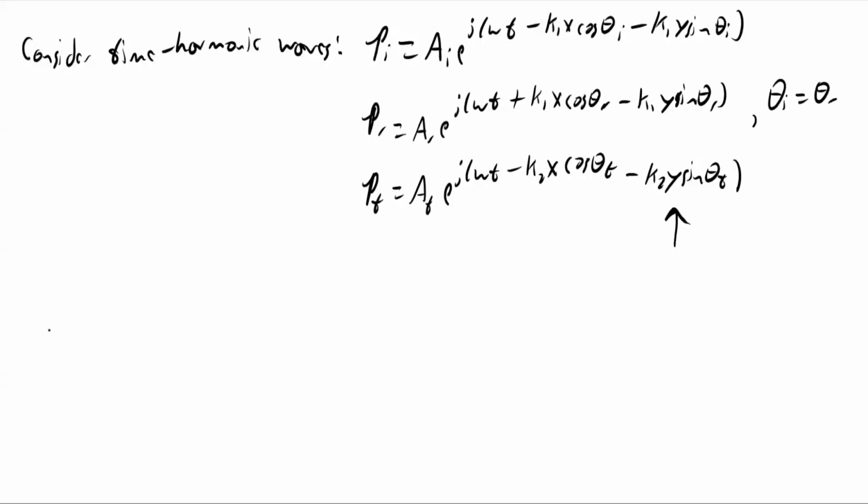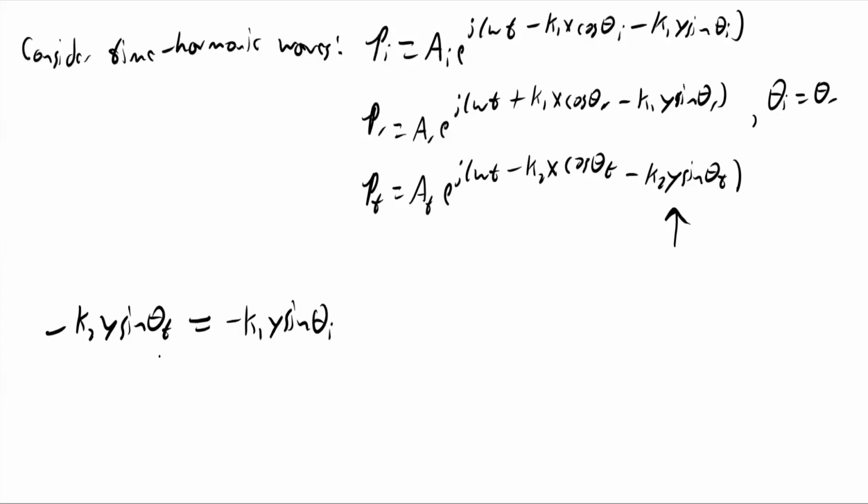So it turns out then that negative k2y sine theta t is equal to negative k1y sine theta I. It turns out that sine theta I is real for theta I greater than theta critical, and thus sine of theta t is real for theta I greater than theta critical.